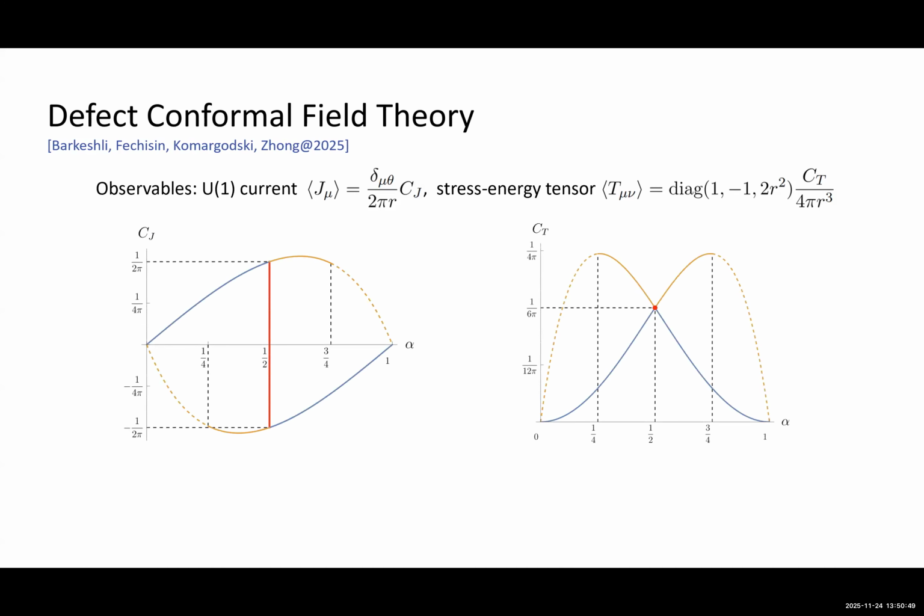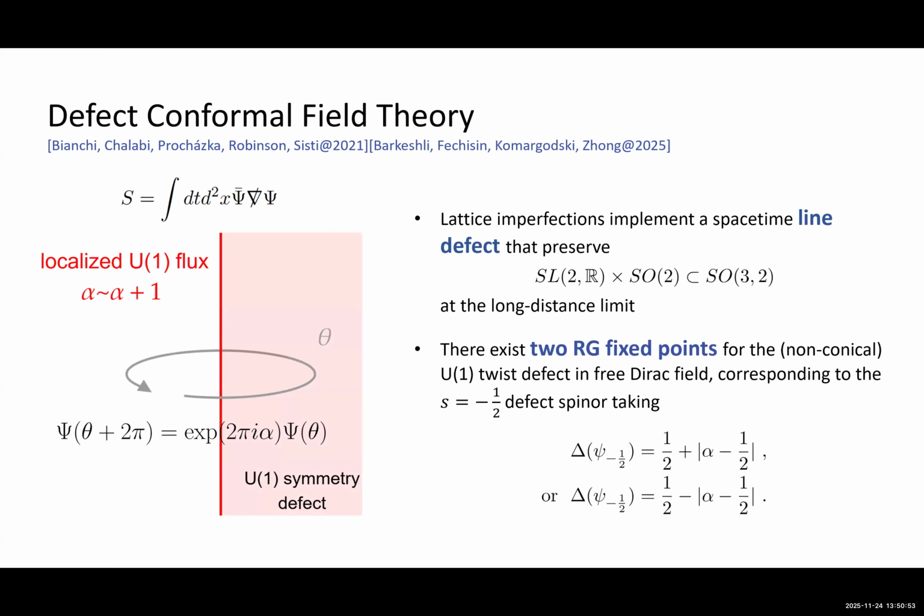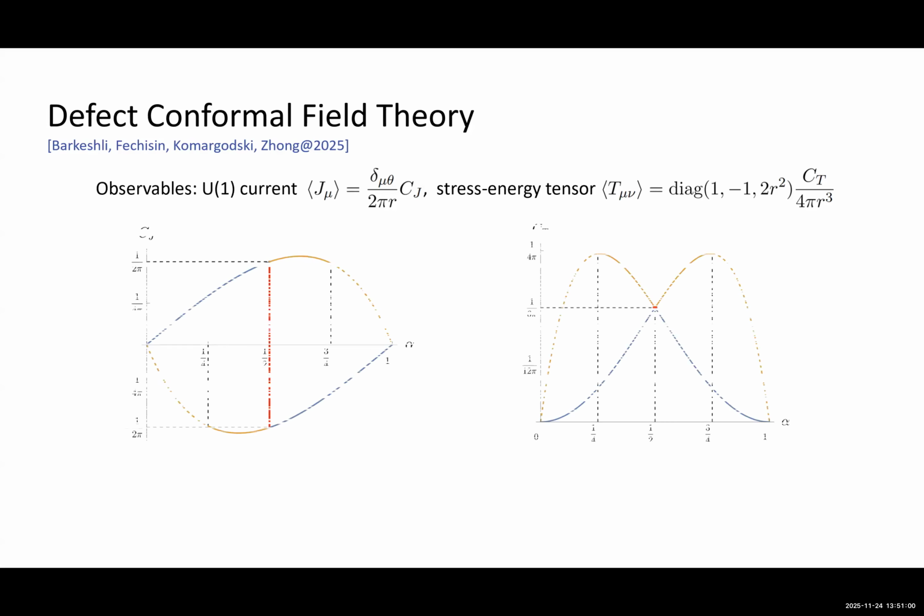And for the IR stable fixed point characterized by the plus sign here, and the multi-critical fixed point characterized by the minus sign here, they lead to different curves of this one-point function coefficient as a function of the U(1) flux alpha. So this is the direction of the RG flow.